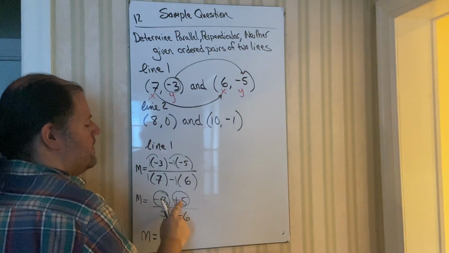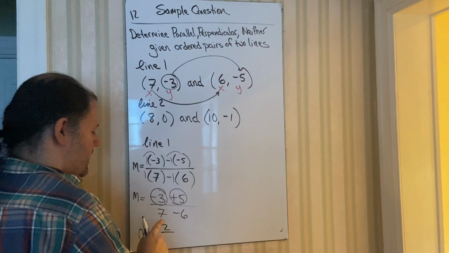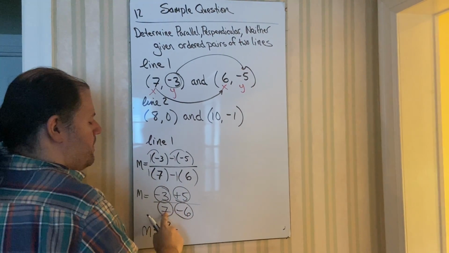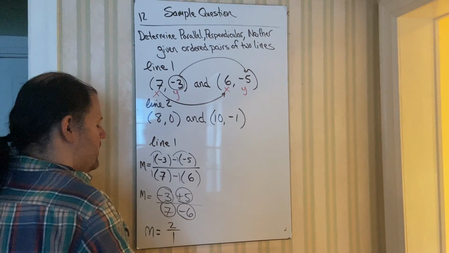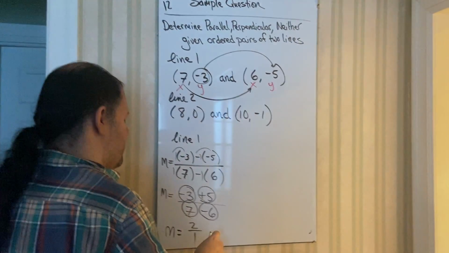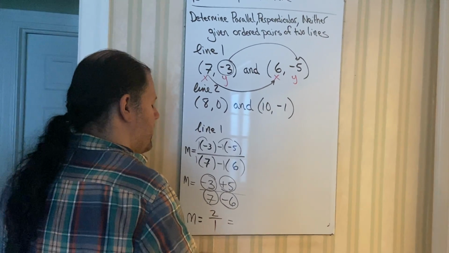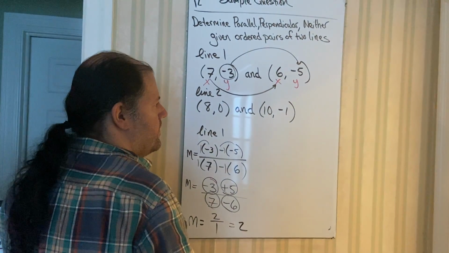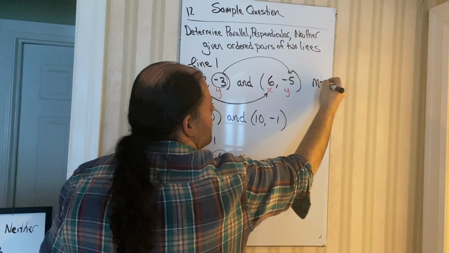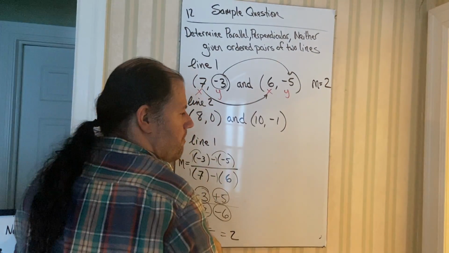Remember, different signs, team positive wins. 7 and a -6, different signs, one positive, one negative, subtract. Who wins the tug of war? Team 7 or team positive. And then reduce. 2 divided by 1, you know that's 2. So we found that slope of line 1 is 2.